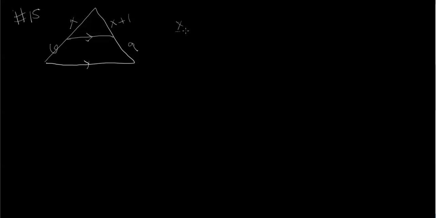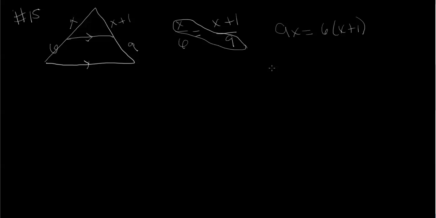If I cross multiply, I can say 9x is equal to 6 times x plus 1. If I distribute my 6, I have 6x plus 6. And I'm going to subtract 3x from each side.